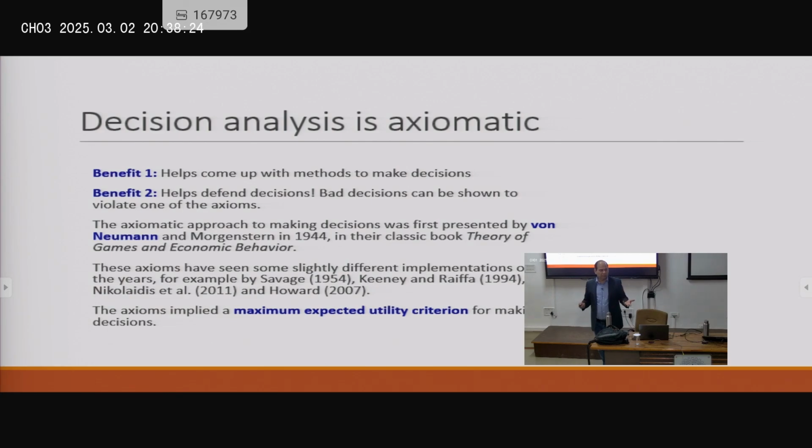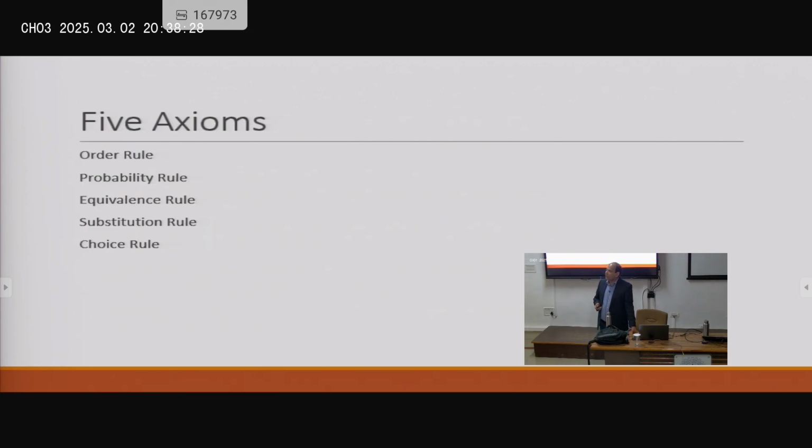He proposed that decision analysis is the best term for this field. So the 5 axioms we have are order rule, probability rule, equivalence rule, substitution rule, and choice rule. Let's go over them one by one.